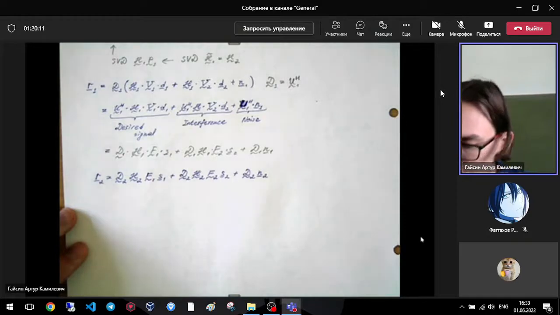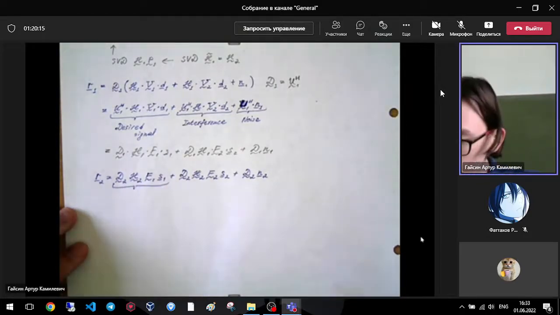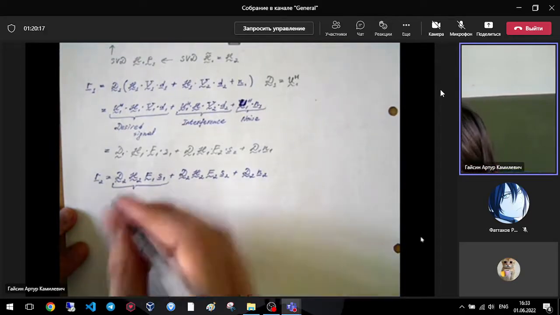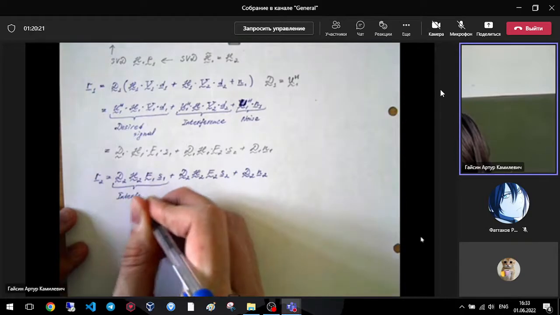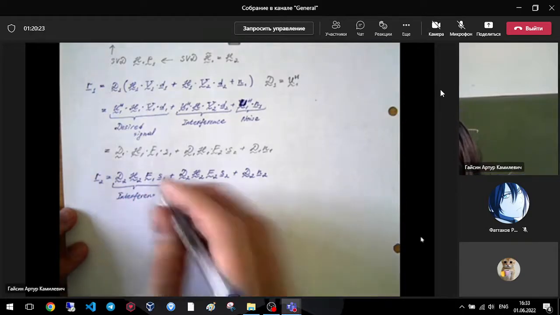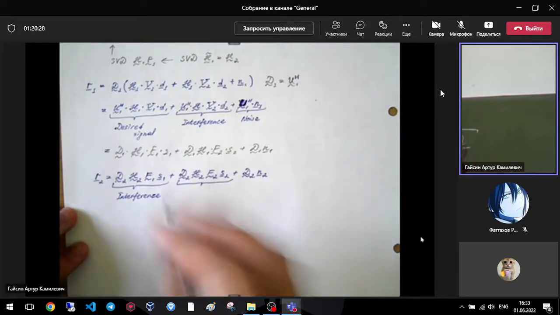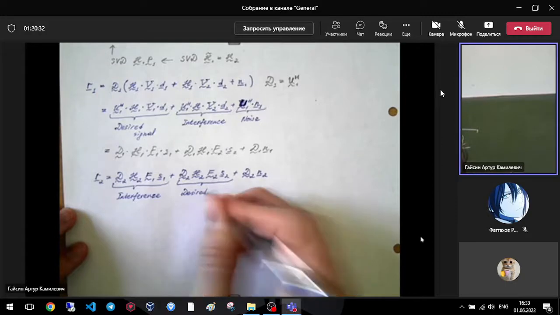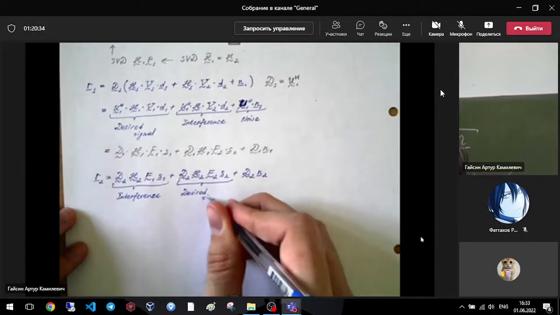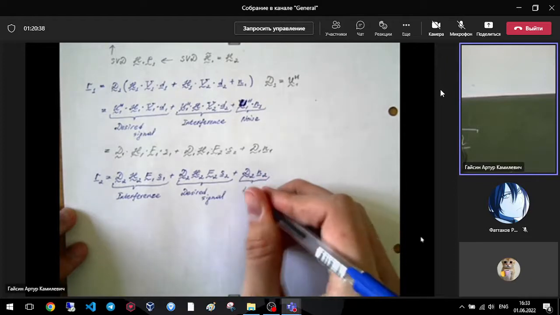And we should denote here that this one, in this case, is the interference from the first user. Interference. This one is the desired signal. Desired signal. And the last thing here is the noise.